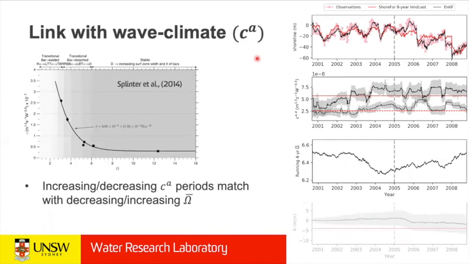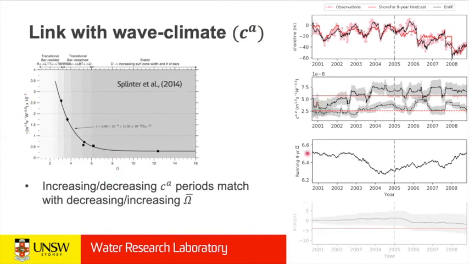We're going to focus only on the parameters that Splinter et al. was able to parameterize. If we focus first on the CA parameter, we remember that this parameter was parameterized as a monotonic relationship between the magnitude of the parameter and the average of the dimensionless fall velocity.